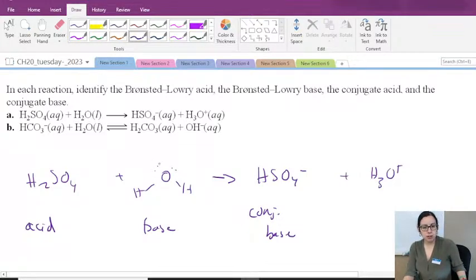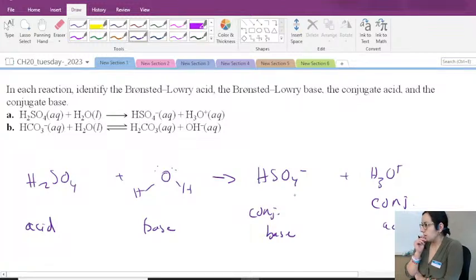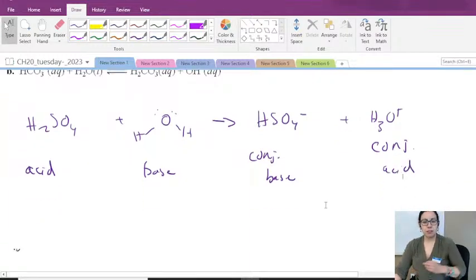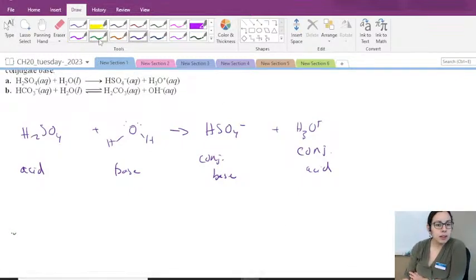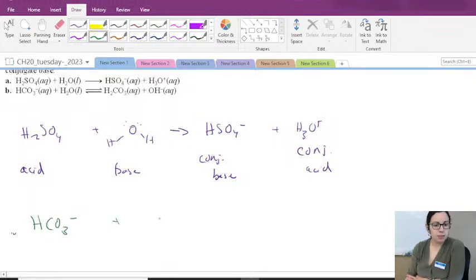Yep, it looks like it donated some electrons to grab that proton there. And then, of course, what's H3O plus, or hydronium? So conjugate acid. That looks good. Any questions about that one? Let me at least write this one while you finish up your thoughts.